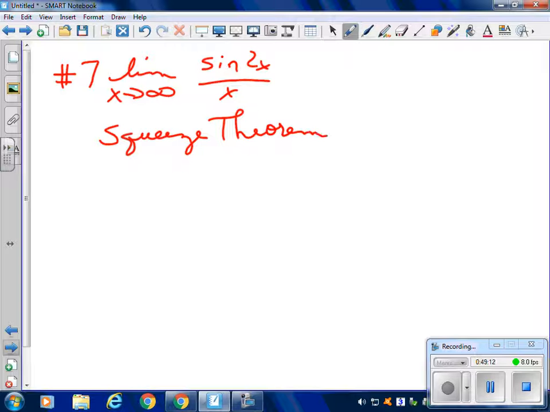There we go. Squeeze theorem. The squeeze theorem allows you to graphically figure out the answer. Not table, not algebra, but graphically. And what it does is it gets rid of the complicated part of the question and gives you a much simplified graph to look at.